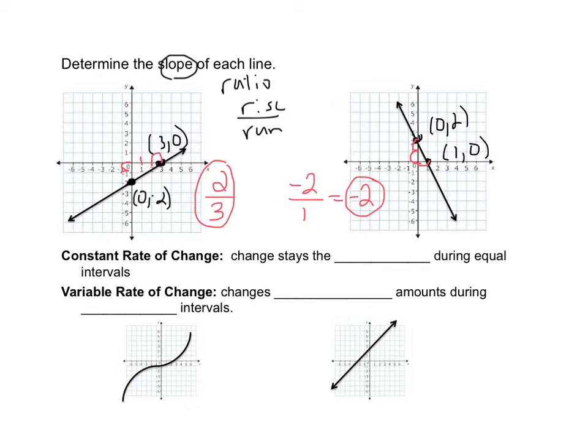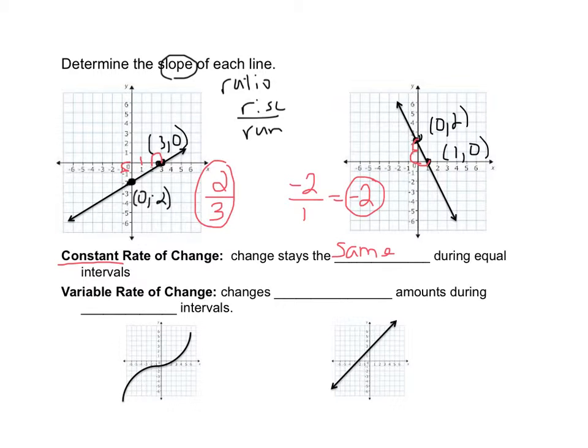Next thing is what a constant rate of change is. So if something's constant, it stays the same during equal intervals. So it's kind of like back when we were looking at linear functions, we were seeing that common pattern that it's always increasing by the same amount.